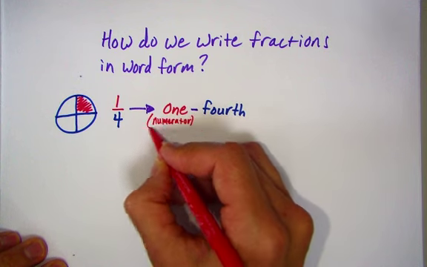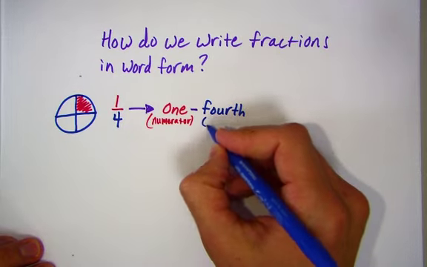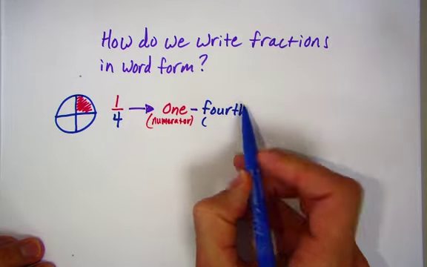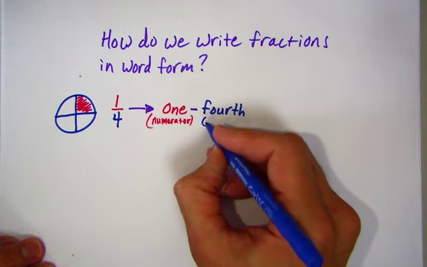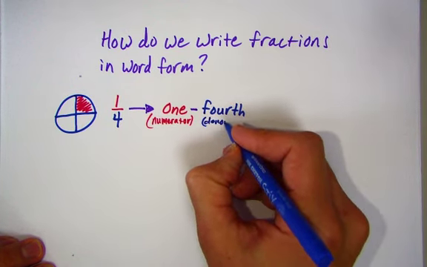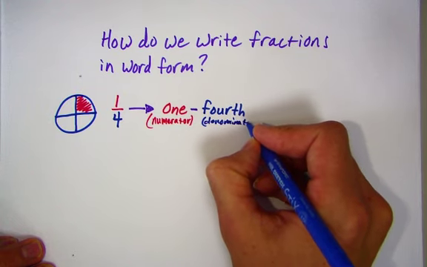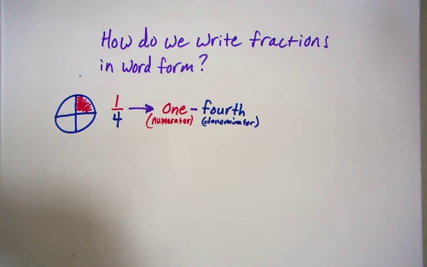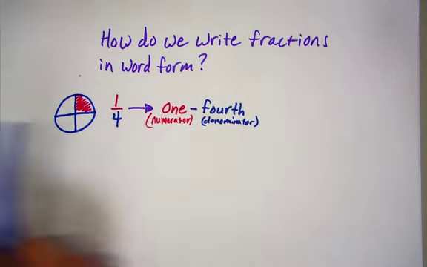I'm writing it kind of small, that's okay. And this word fourth is representing the denominator on the bottom there. So we have the numerator written first, then the denominator.